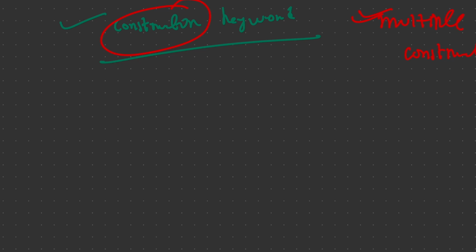So let's say you have a class named Log, and for this class you want multiple constructors. Let's say this is constructor 1, I'm writing just constructor, and you have to give some data.